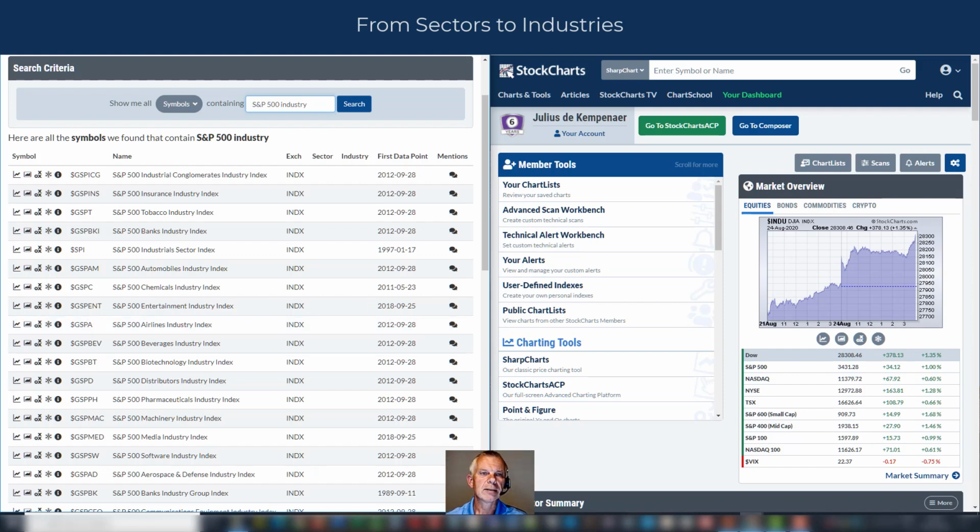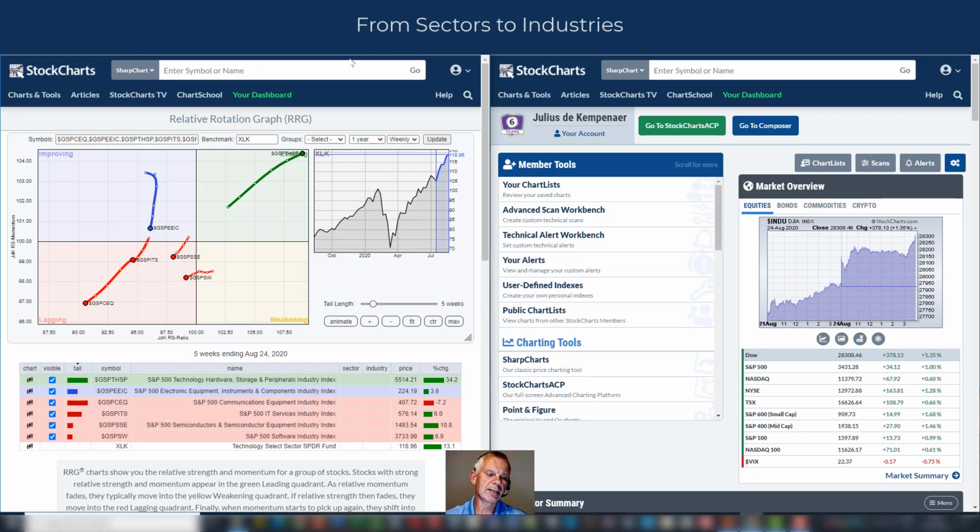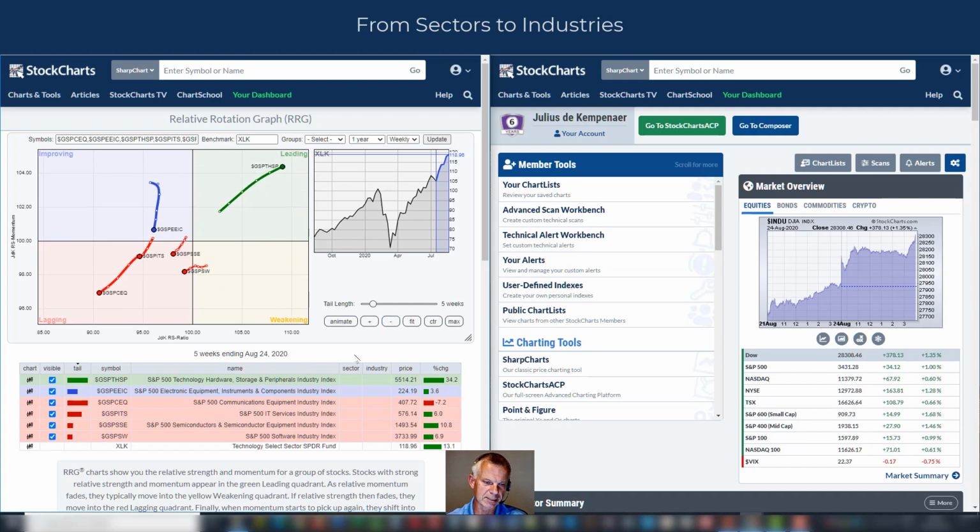Now, the technology sector obviously is a very interesting sector to keep an eye on, and what I did, I filtered out the industries that make up XLK, the information technology sector. And these are these 6 industry indexes. That is very interesting. If you look at that, there is one group that stands out, and that is the technology hardware, storage, and peripherals industry index.